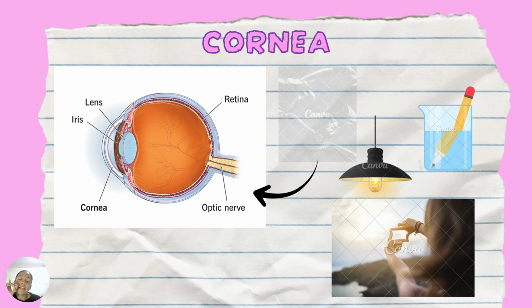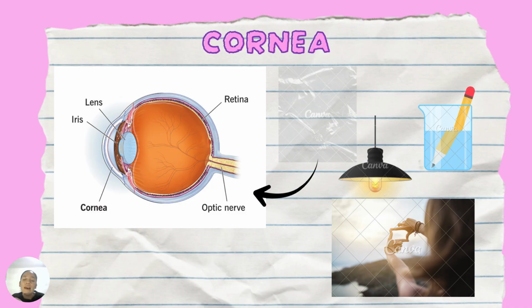Now we continue with the cornea. The cornea is the transparent part in our eye that allows the light to enter the eye, and also creates the image or the different messages that go through the nerves until the brain.